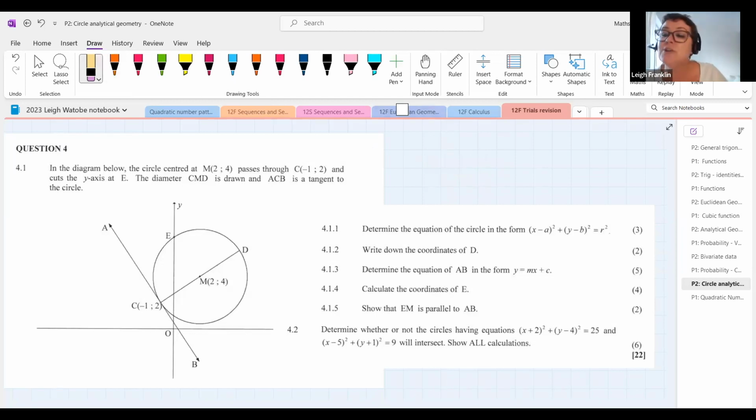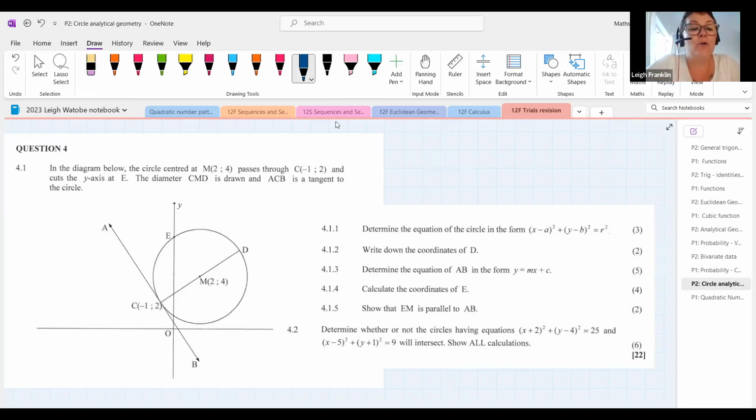But when we do functions again, I will try and find a question like that for us to do, but it's not an analytical geometry sort of question, strictly speaking. Okay, all right, let's have a look at question 4.